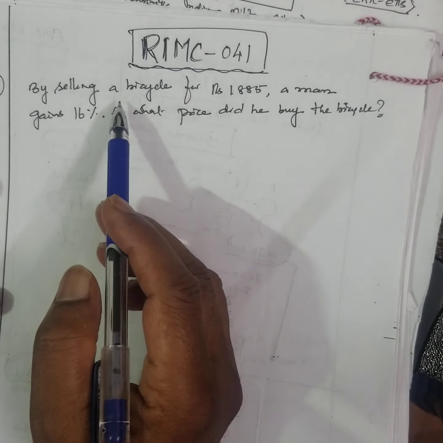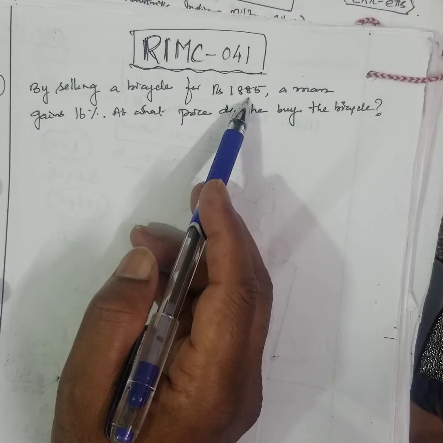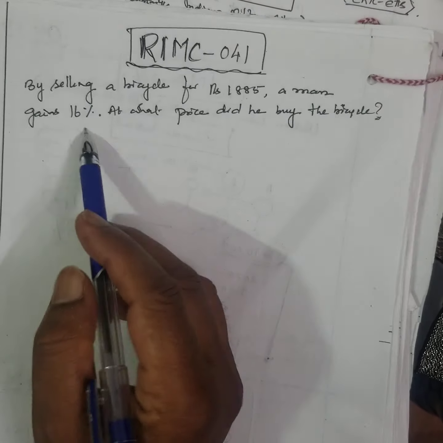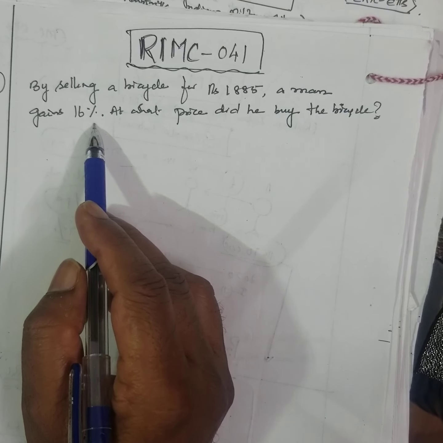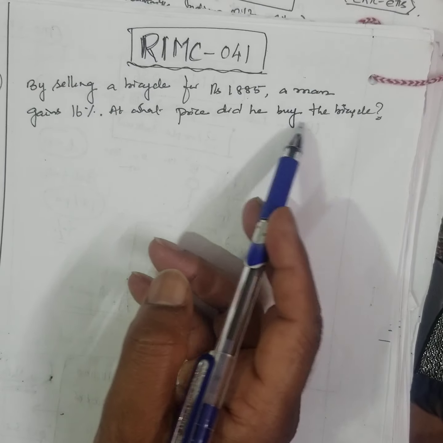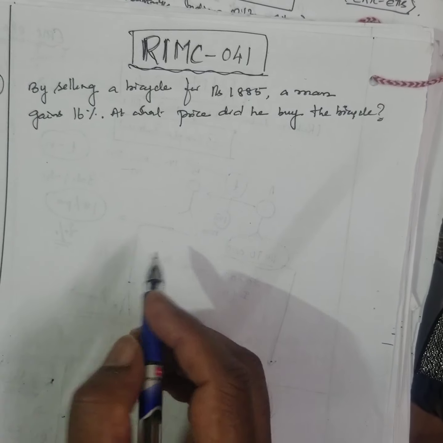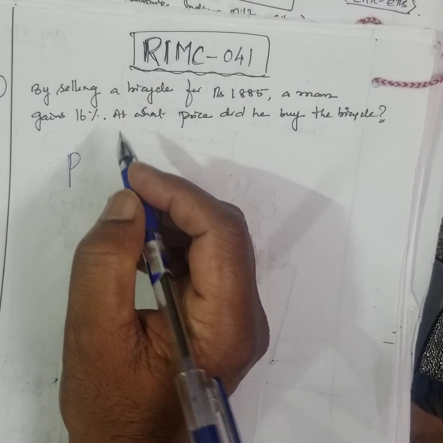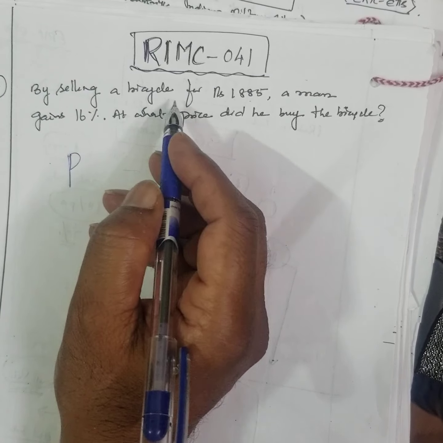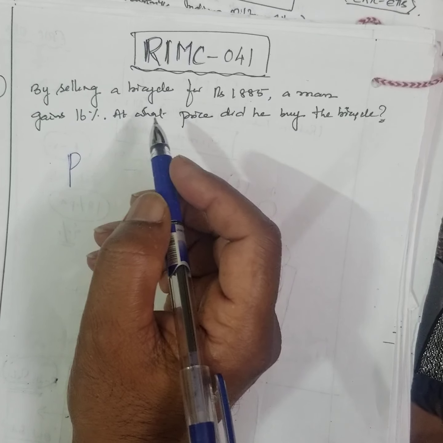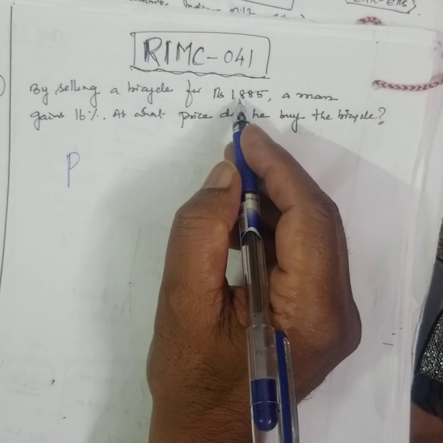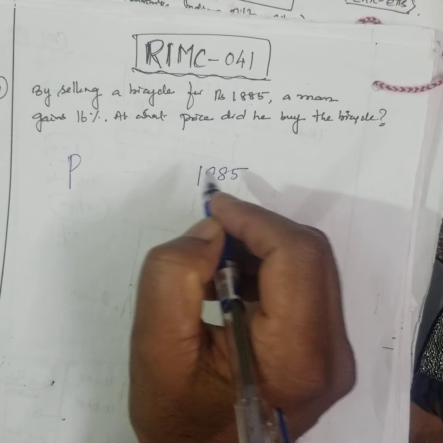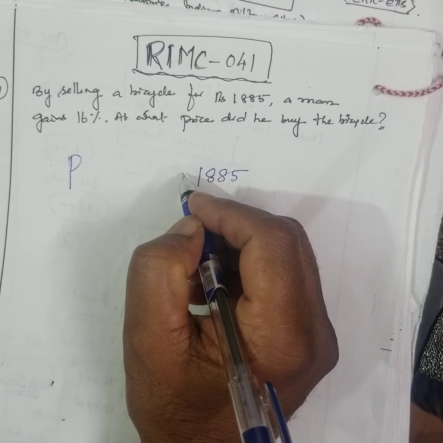By selling a bicycle for 1885, a man gained 16%. What price did he buy the bicycle for? Let the cost price be P. That means by selling a bicycle for, the total price is 1885, right?